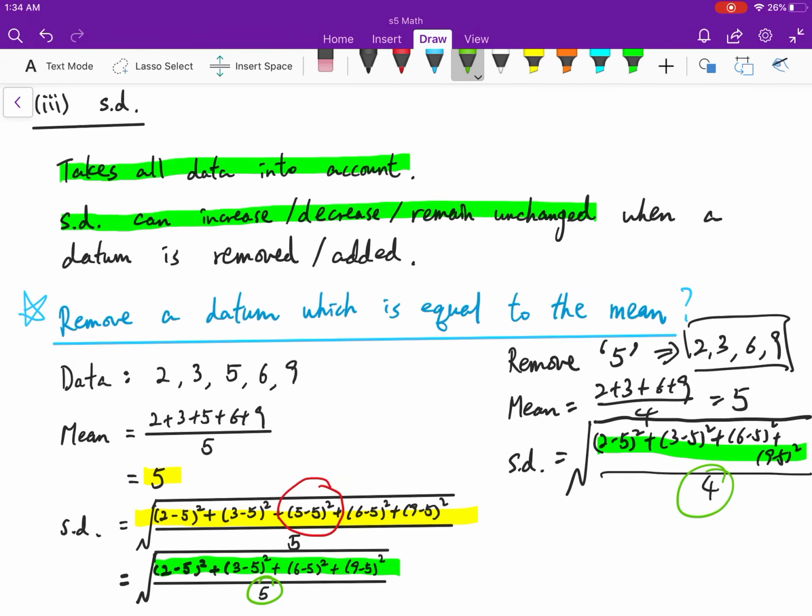But what is the difference? It is the denominator. Because the denominator is decreased now, the new SD will be bigger than the original one, right? So the new SD is bigger than the original SD.